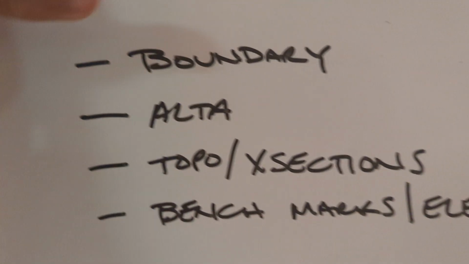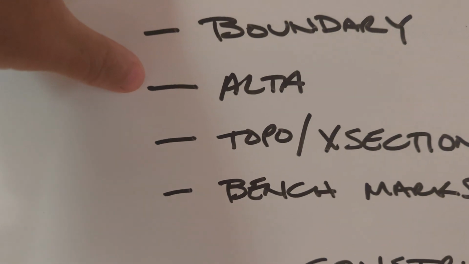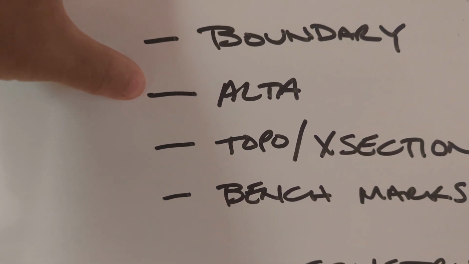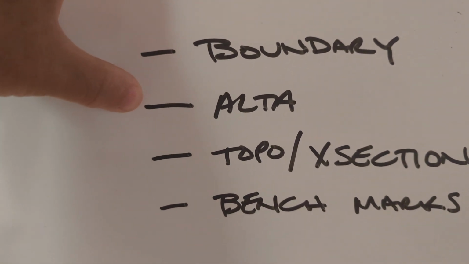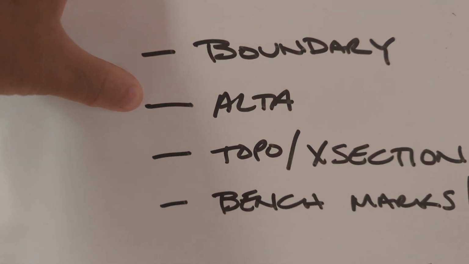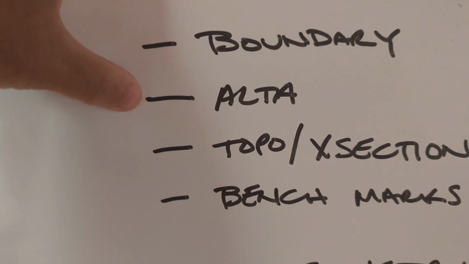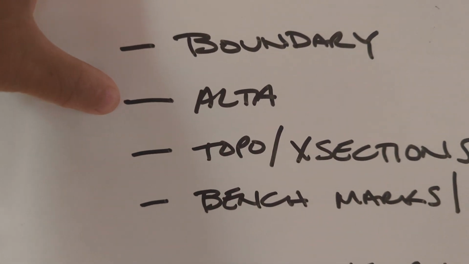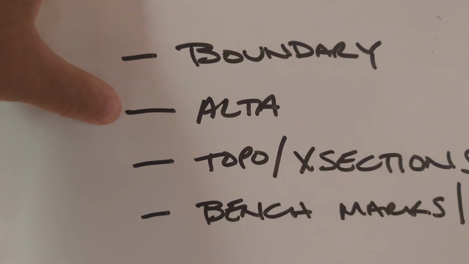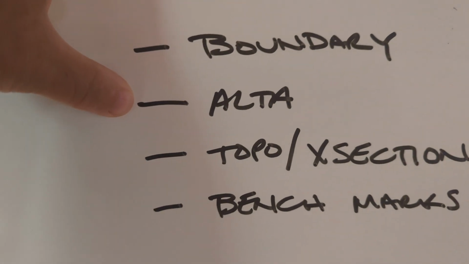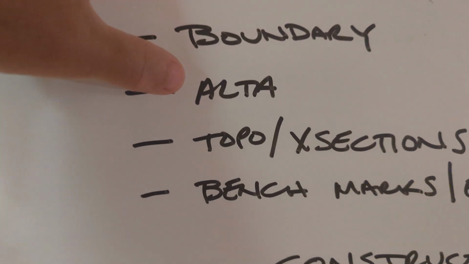So you have your boundary, you have your ALTA, American Land Title Association. Print that out and look at it, because there's a lot of different things that can be requested with an ALTA. For us a while back, elevations never really mattered. Now they're included with the ALTA. What I tell our guys is we need to locate every structure within 5 feet of the property line.